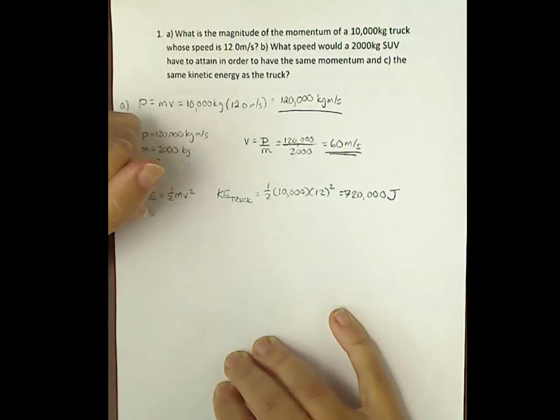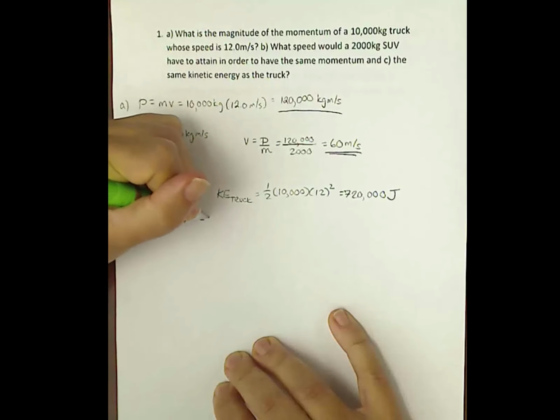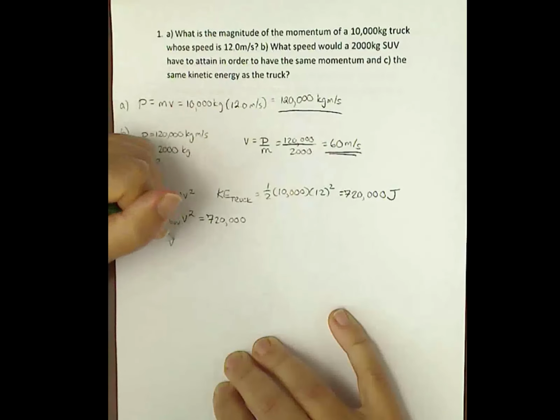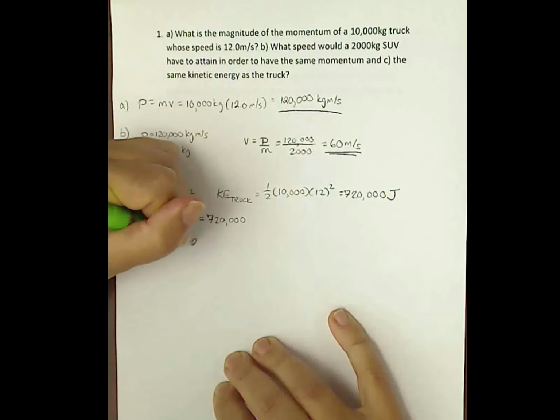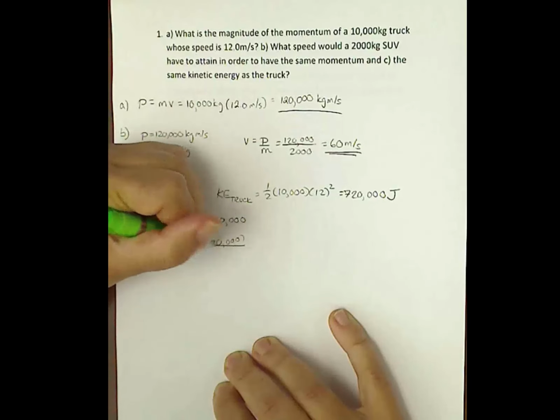So the kinetic energy for the SUV has to be the same as the truck, so 720,000, and that's equal to 1/2 times the mass of the SUV times the speed of the SUV squared. So V squared is equal to 2 times 720,000 divided by the mass of the SUV.